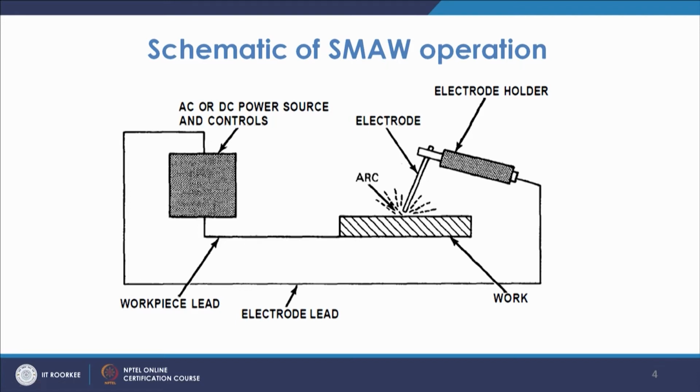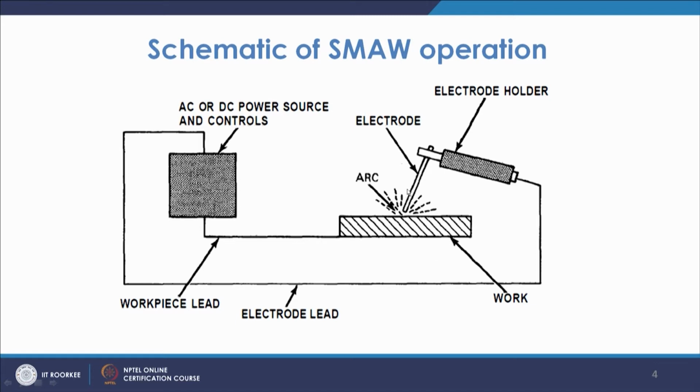Now, between the electrode and the workpiece there is an arc which is created. So, there is a mechanism by which this arc is created. Now, how is this arc created?